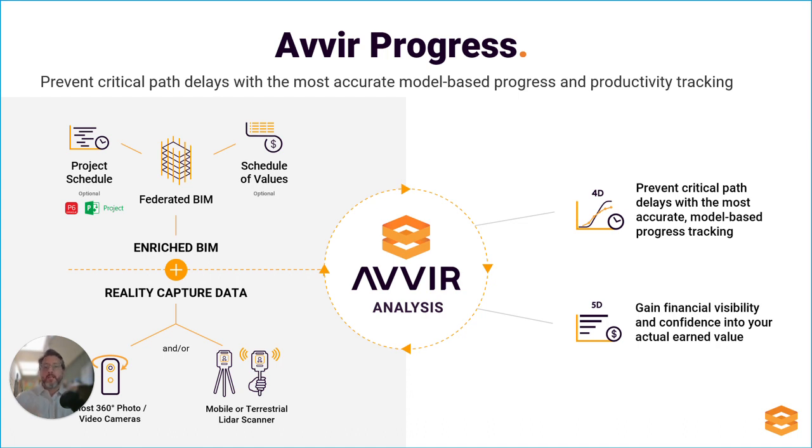We're taking your schedule values, and then you'll know that we're taking the 360 photos and the laser scans that you're doing on site. We're taking all of that from you, running it through our analysis, and in this instance, I'm looking at progress, one of our main features that we provide. We have 4D and 5D abilities from this.